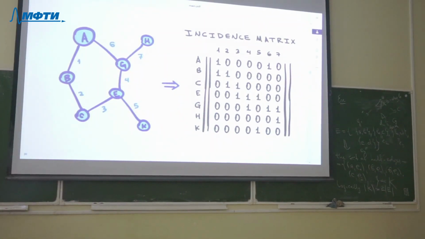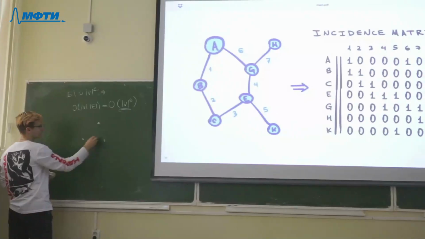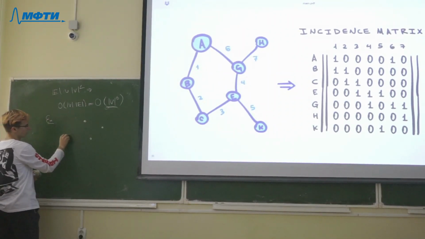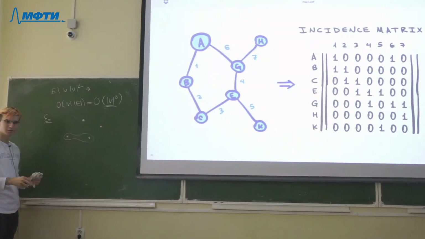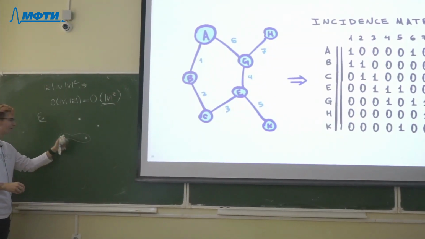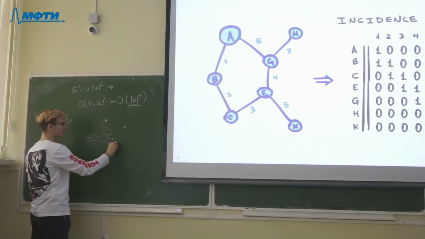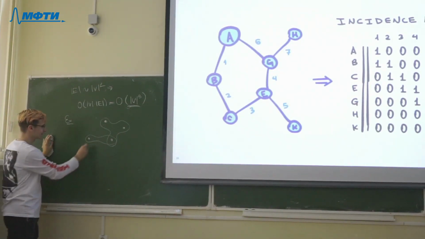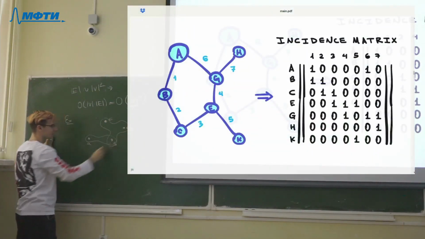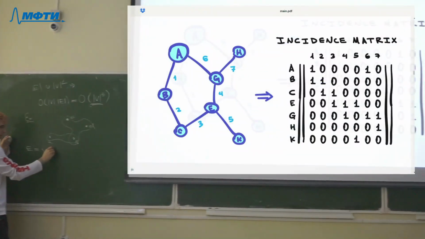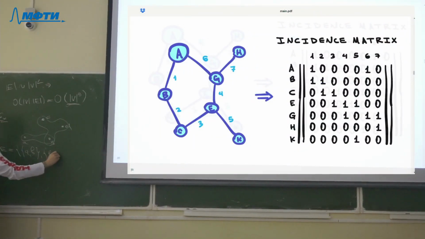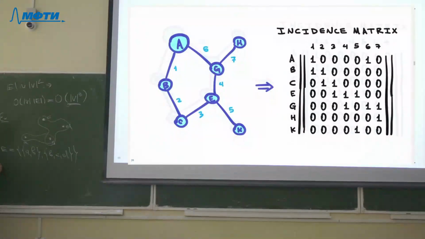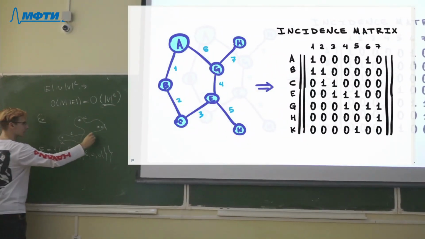For example, if we have a graph with a standard edge, a subset of two vertices, and a non-standard edge, a hyperedge. Okay, for example, vertices A, B, C, D, and E1 is equal to A, B, and E2 is B, C, D. So the incidence matrix will have first column, for example, and second column.